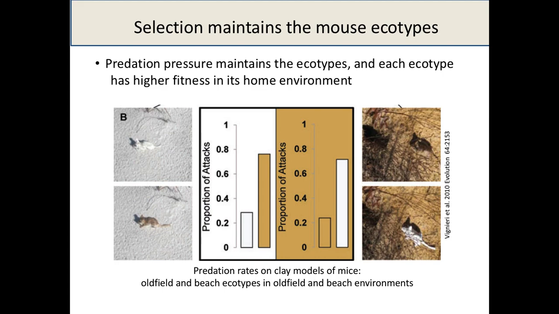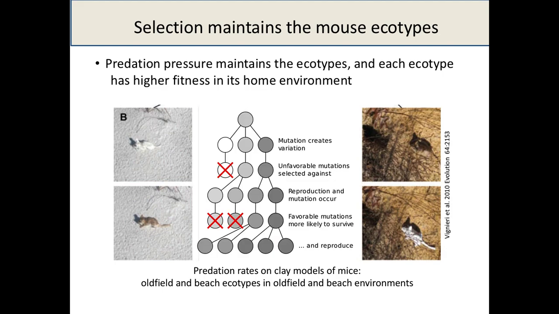The darker individuals are more likely to be preyed upon in the lighter environment. Lighter individuals are more likely to be preyed upon in the darker environment. We've got selection against specific traits in a specific environment.